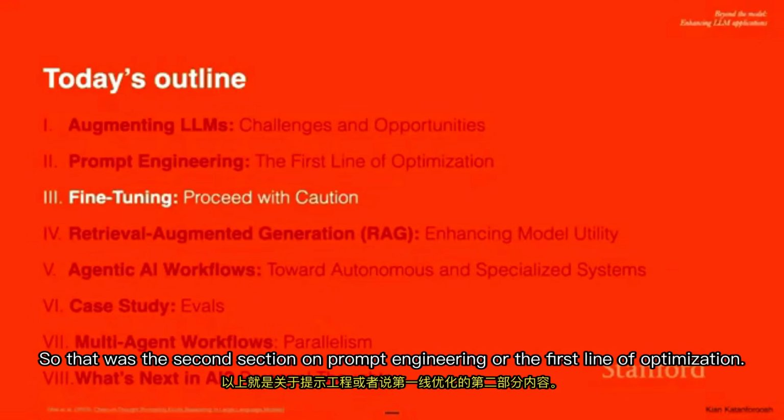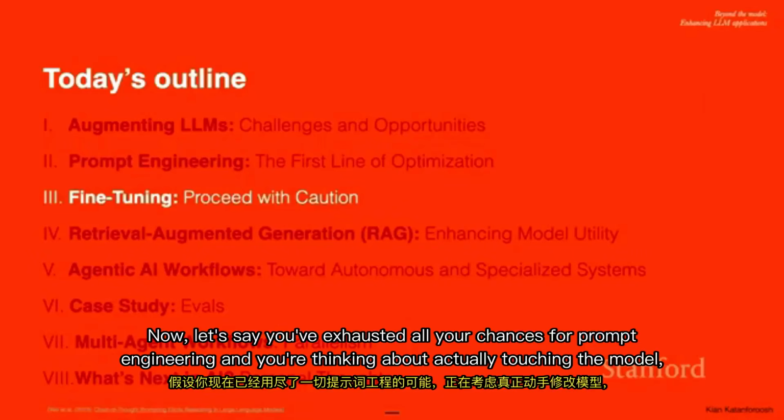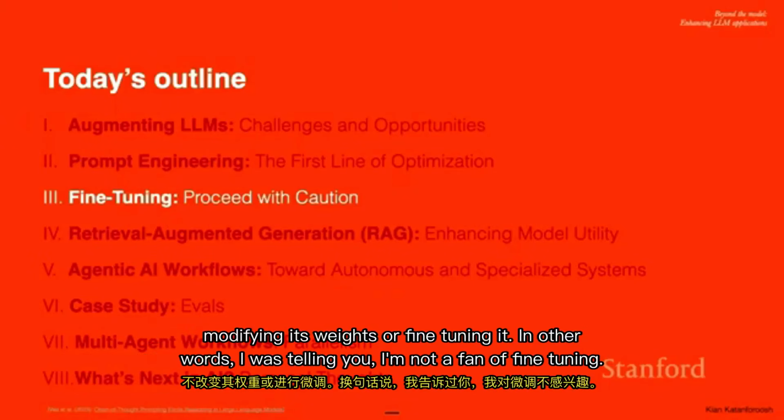Okay. So that was the second section on prompt engineering, or the first line of optimization. Now, let's say you've exhausted all your chances for prompt engineering and you're thinking about actually touching the model, modifying its weights, or fine-tuning it, in other words. I was telling you I'm not a fan of fine-tuning.